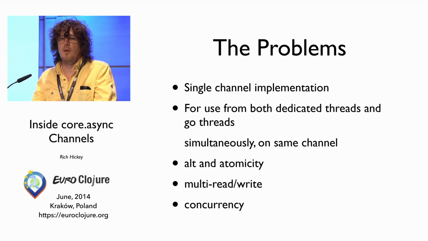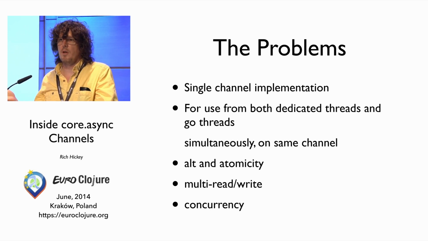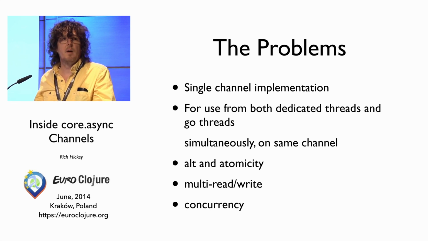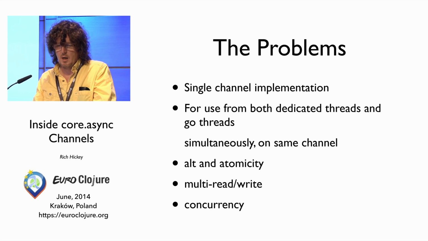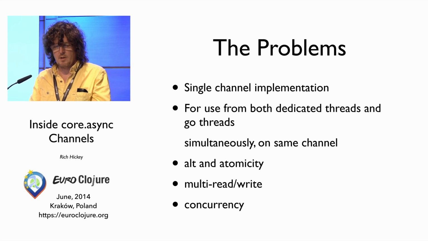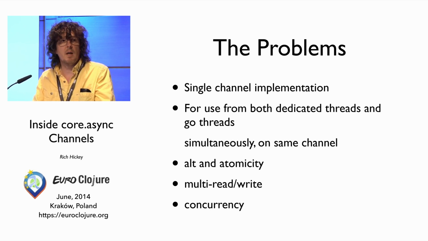That is to say, there's one channel, and whether you were consuming or producing for it with genuine threads or with the lightweight Go threads should be independent, don't care, and it should be able to support readers and writers from either side. So there's a strict orthogonality between the channel itself and the consumers and producers and the thread stuff that's in core async, which I'm not going to talk about too much. So we want to be able to use it from both dedicated threads and Go threads simultaneously with the same channel.